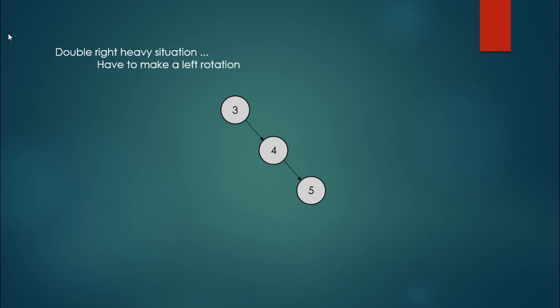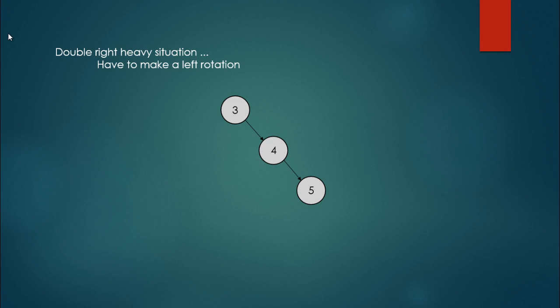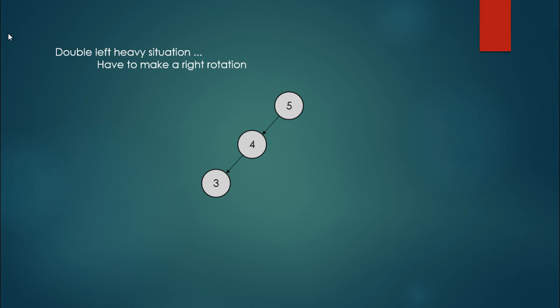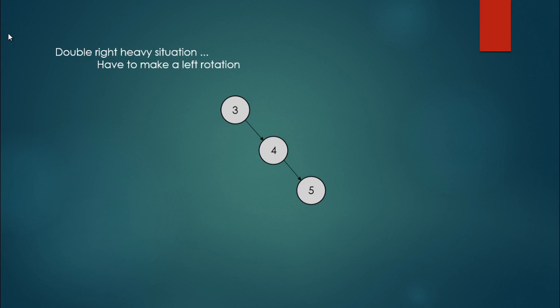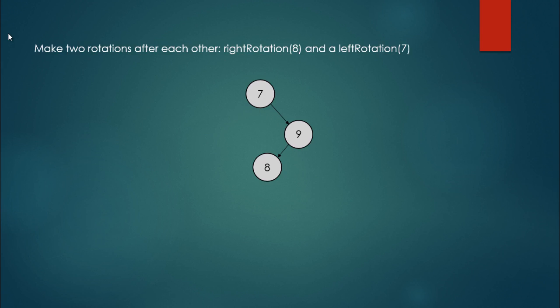Then we have to make a left rotation on the node 3. So here, sorry, I'm not sure whether I told it right, but in this situation we calculate the height parameters, and on the node 5 we come to the conclusion that it is unbalanced. So we have to make the right rotation on the node 5, and it's going to solve our problem. In this situation, we have to make the left rotation on the node 3, and it's going to solve our problem and balance our tree.